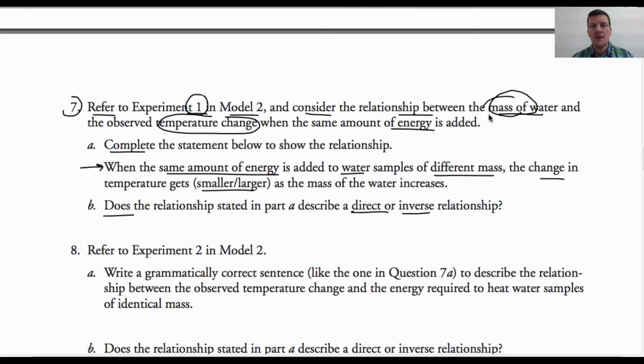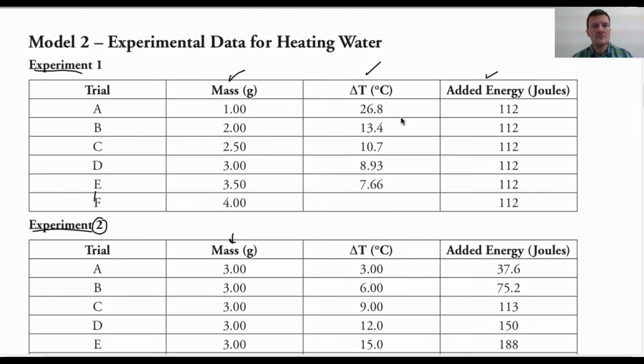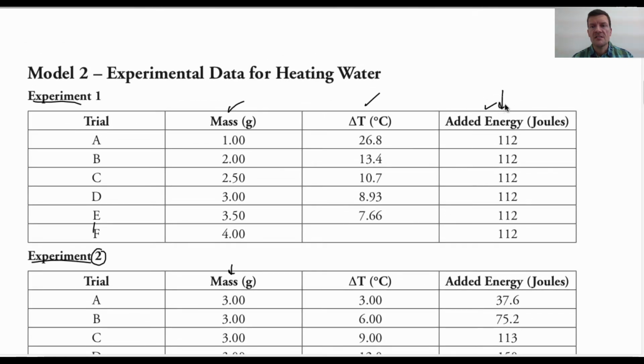So again, we're looking at mass and temperature change when we have the same amount of energy. Experiment number 1. Energy is constant. As mass increases, the temperature change goes down if you keep adding the exact same amount of energy. 112 joules is always added to each of these mass samples here.